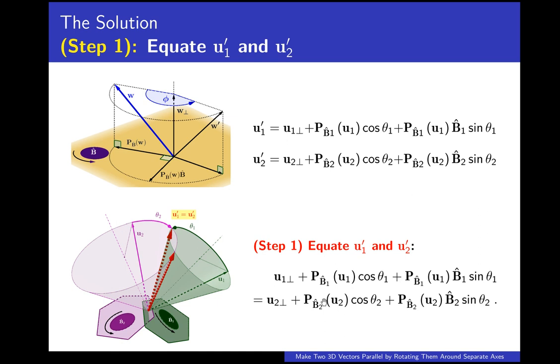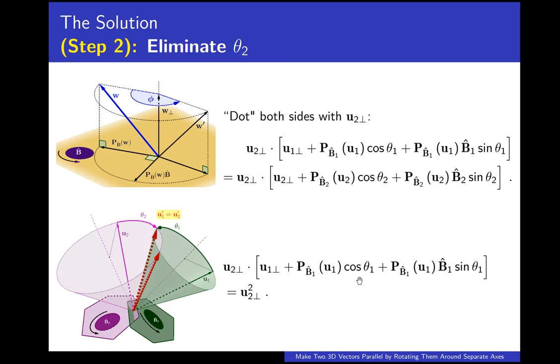So there should be a way of knocking out the two theta 2 terms here completely. And how might we do that? Well, again, these three things are all perpendicular to each other. So we dot both sides with u2 perpendicular. And the dot product, inner product, distributes over a sum.